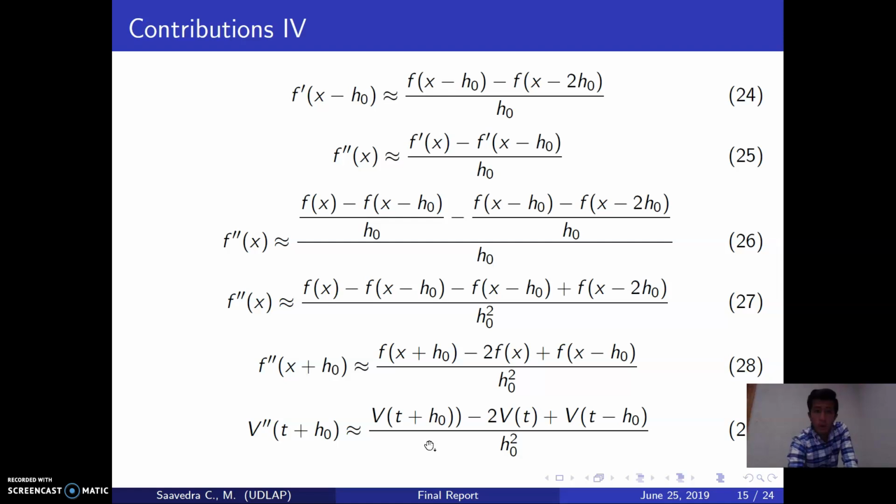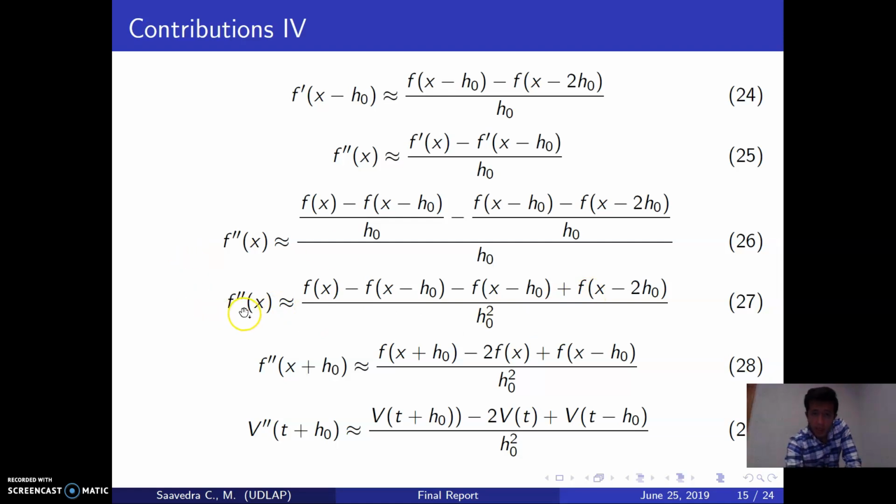And if we do this same thing for the second derivative, we can observe that after substituting these formulas that I've put together above, we find this one.